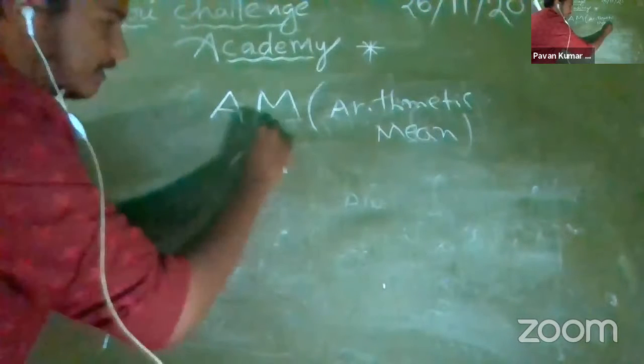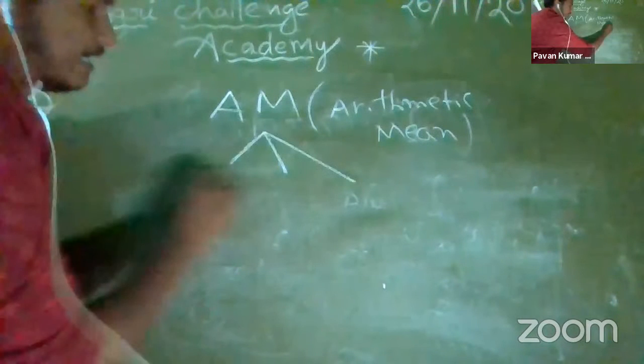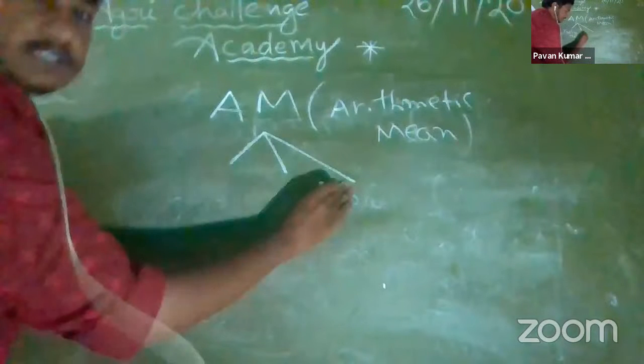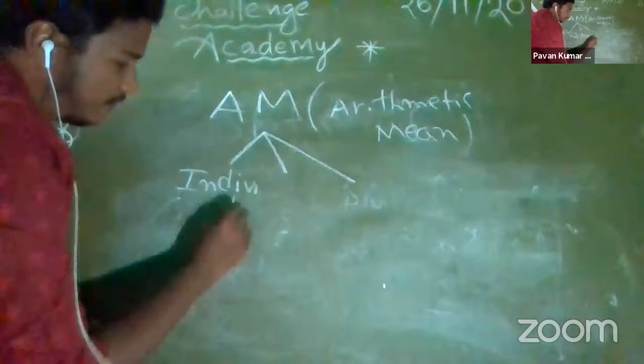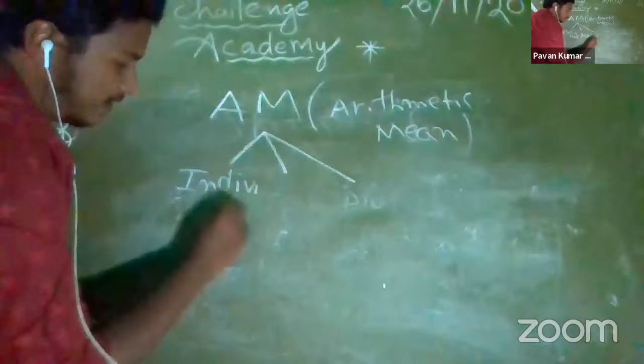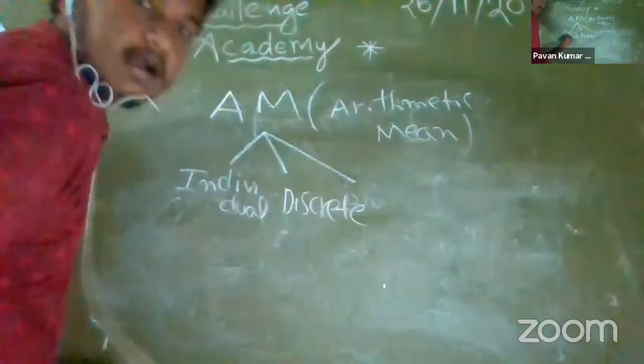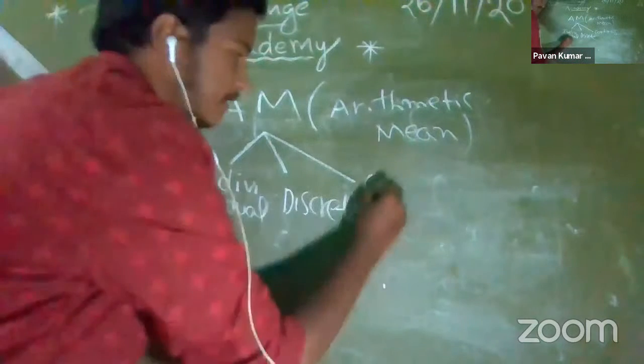One is individual data, another is discrete data, and another is continuous data. What is meant by individual data, discrete data, and continuous data?